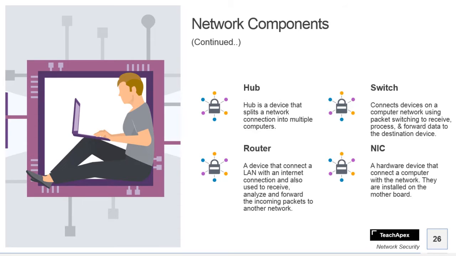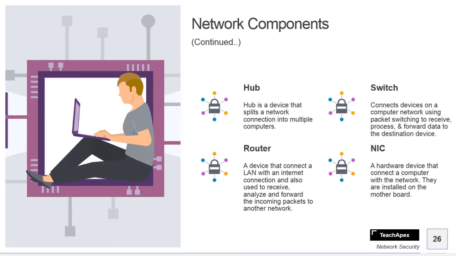Alright, let's discuss the switch. A switch is a hardware device that connects multiple devices on a computer network. It contains more advanced features than a hub. It connects devices on a computer network using packet switching to receive, process, and forward data to the destination device. It contains an updated table that decides where the data is transmitted.